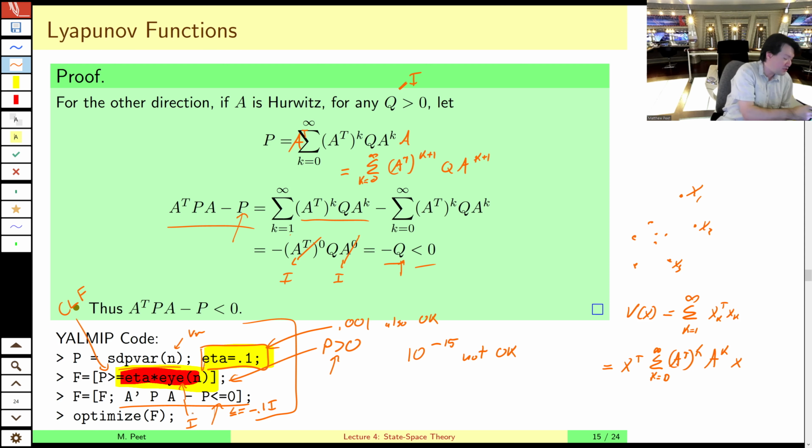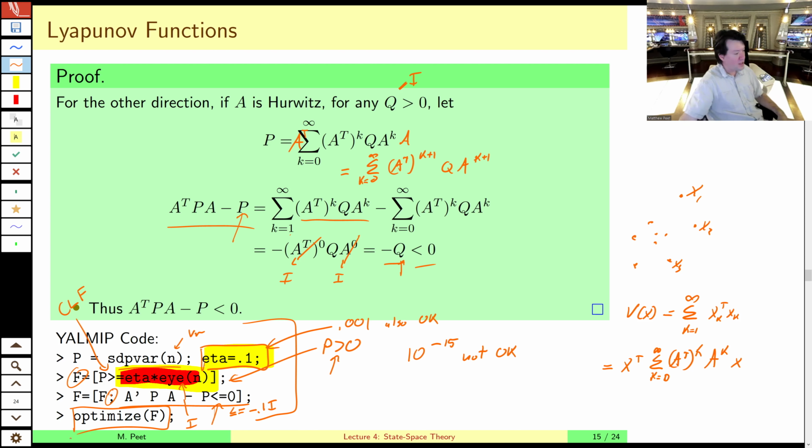Then you add your first constraint, and you just append your second constraint to that using a semicolon, and then you have both your constraints. There's no objective function, so you just hit optimize and you're done. So again, very straightforward implementation of these LMIs using YALMIP.